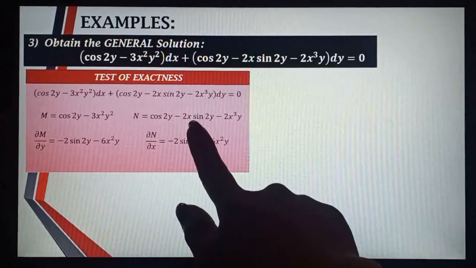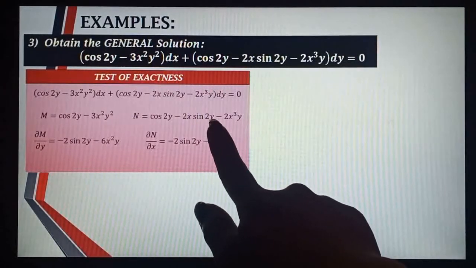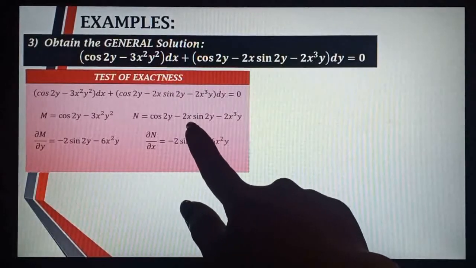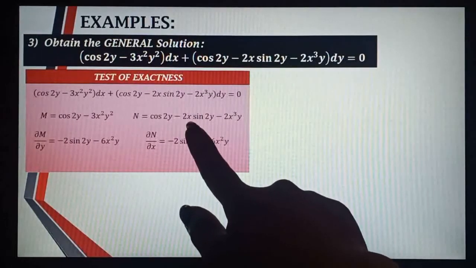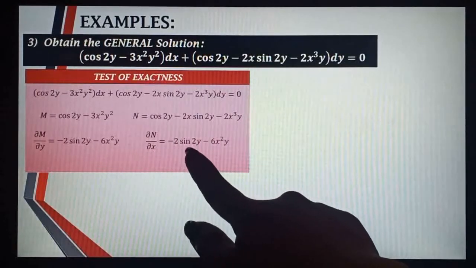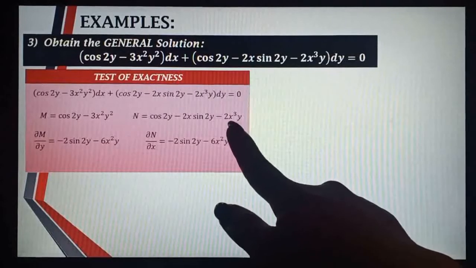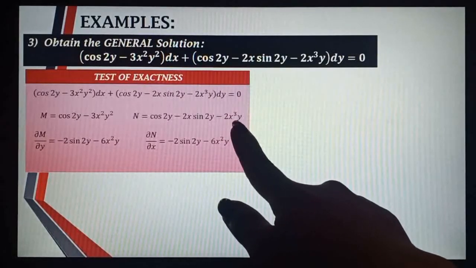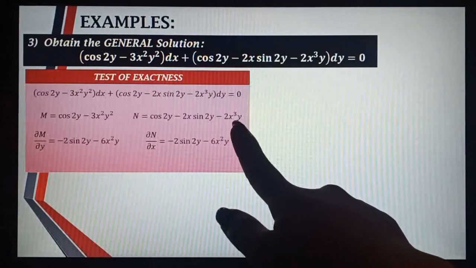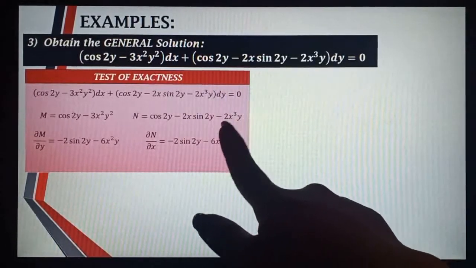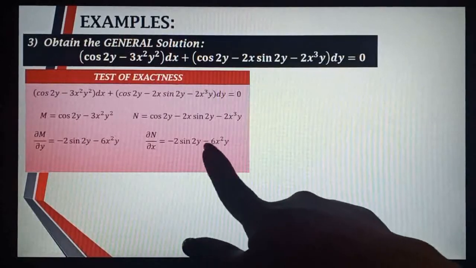Constant si sine 2y. The only variable here is x. So, ang differential ni x is 1. So, ang matitira na lang is constant, which is negative 2 sine 2y. Minus, the variable here is x cubed. Ang differential ni x cubed ay 3x squared multiplied to 2y, that is 6x squared y.